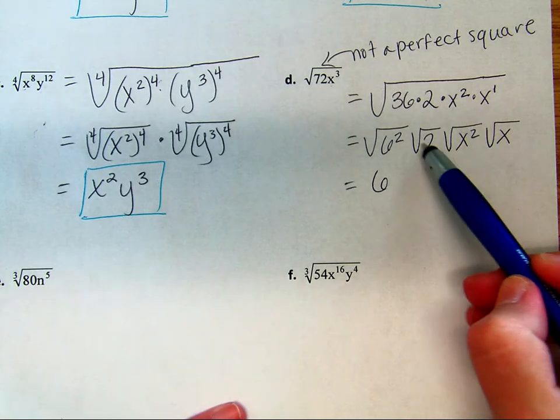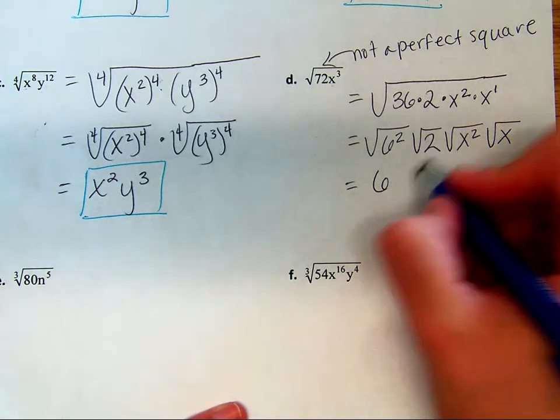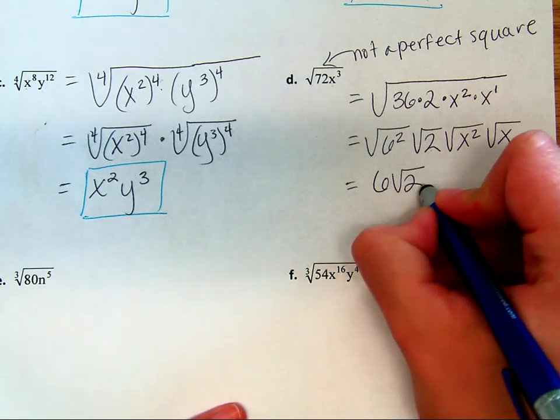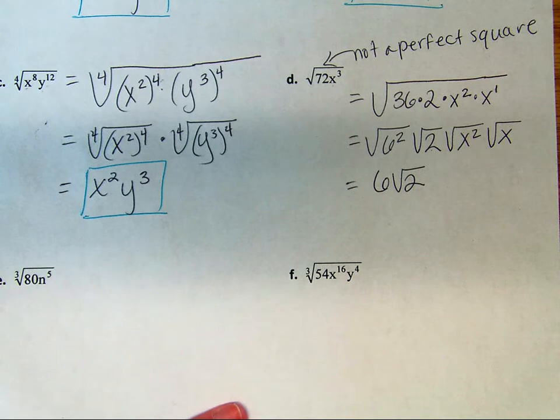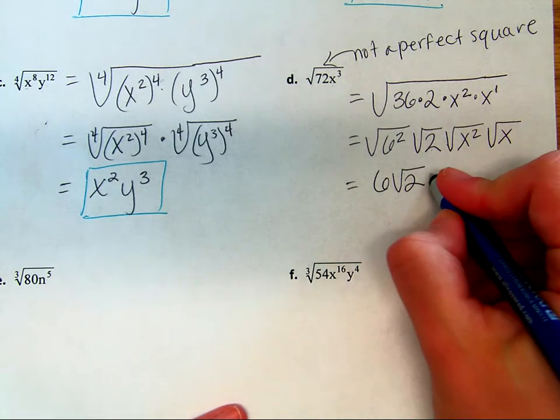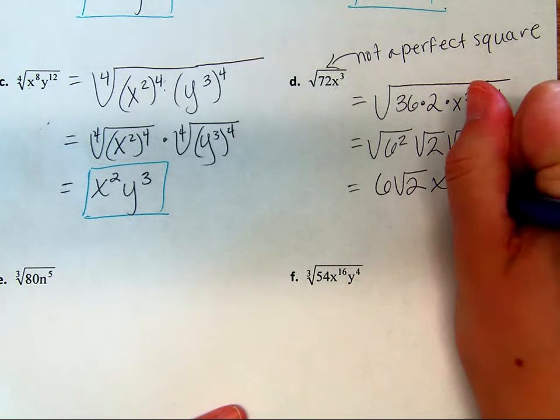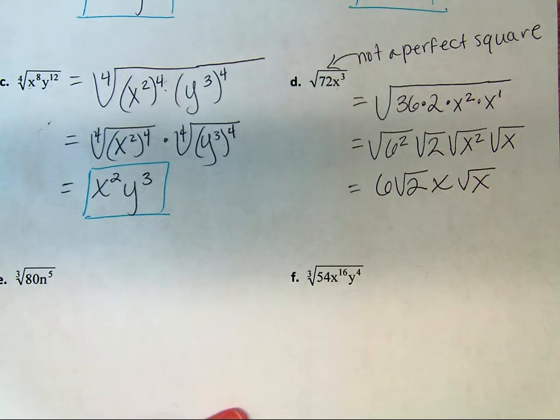Square root of 2, that is not a perfect square. There are no perfect squares that go into 2, so that's sticking under the radical. The square root of x squared is just x, and the square root of x can't be simplified anymore because it's not a perfect square.